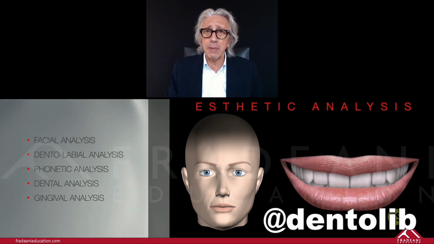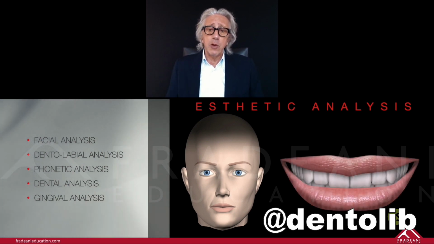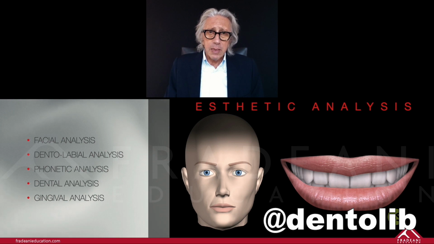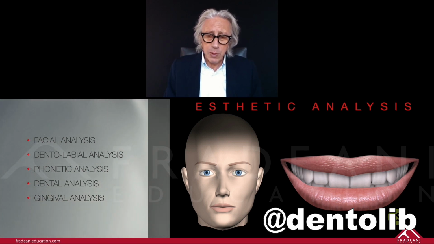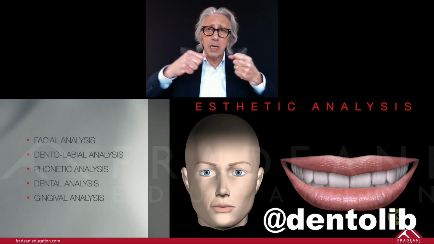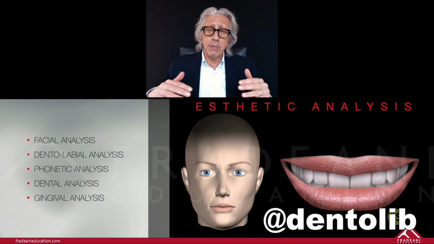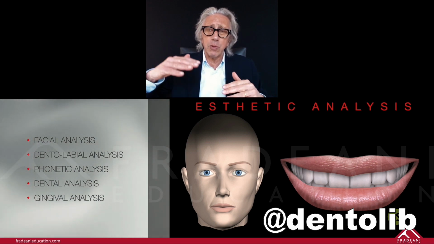So, as I said already, we start with the facial analysis, and then we go to dentolabial analysis. And many times you have a situation like this in which the patient in front of you has a low smile line. So many times we do the treatment plan for ourselves. It means that we open the mouth of the patient with the retractors, and we see maybe the situation between the right and left.